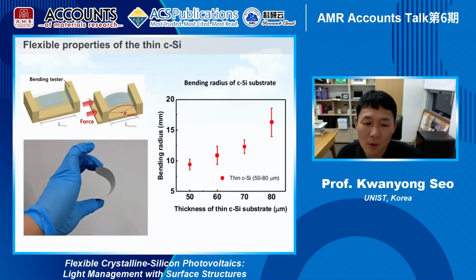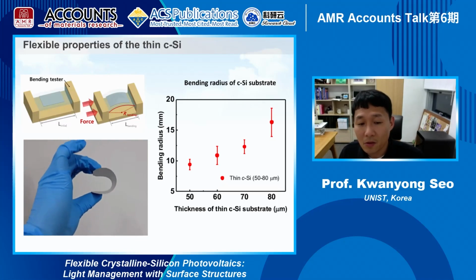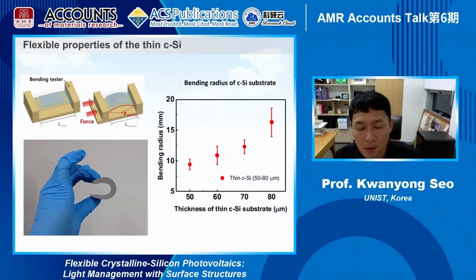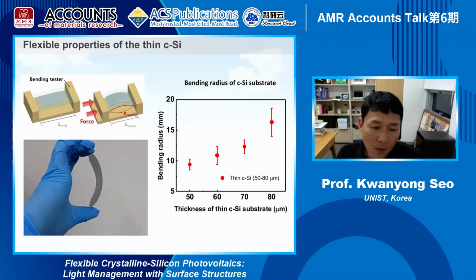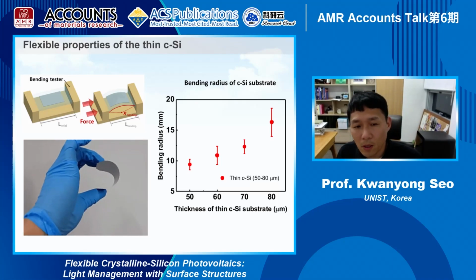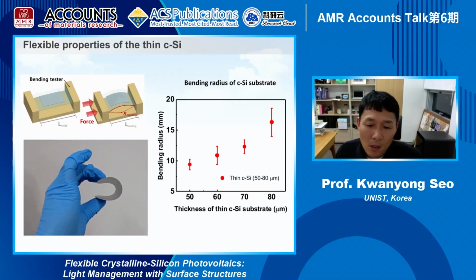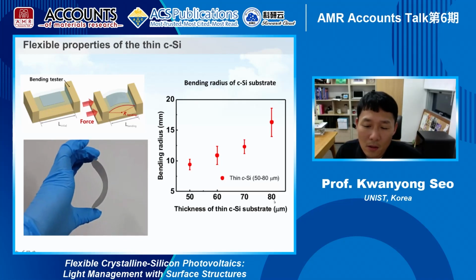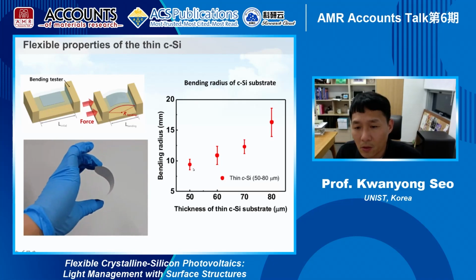But fortunately, people already know that crystalline silicon can be flexible. If we decrease the thickness of the crystalline silicon, for example to less than 50 micron, as this video shows, the 50 micron thick crystalline silicon wafer can be very meaningfully flexible. If we increase from 50 to 80 micron, the bending radius of the crystalline silicon substrate increases linearly.